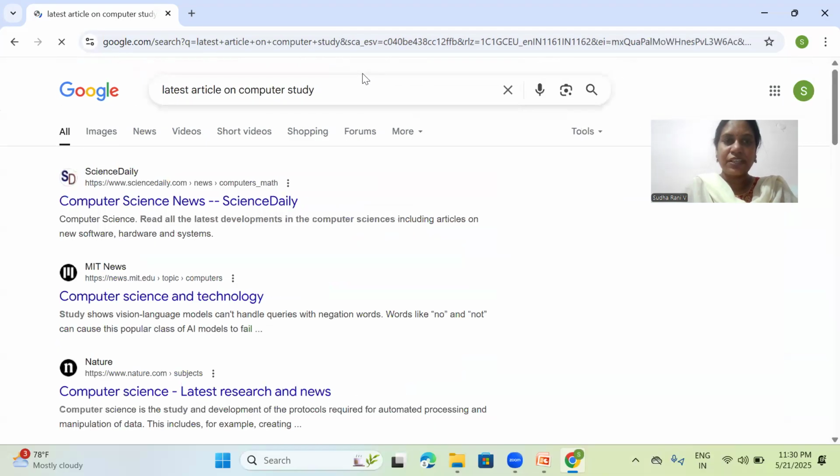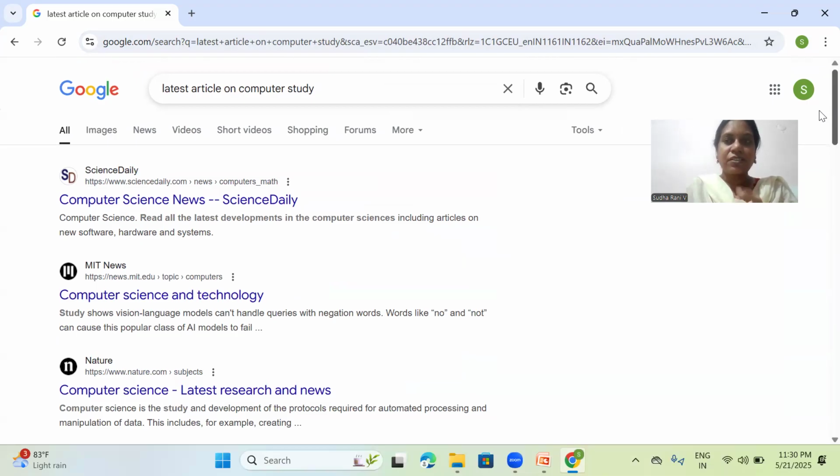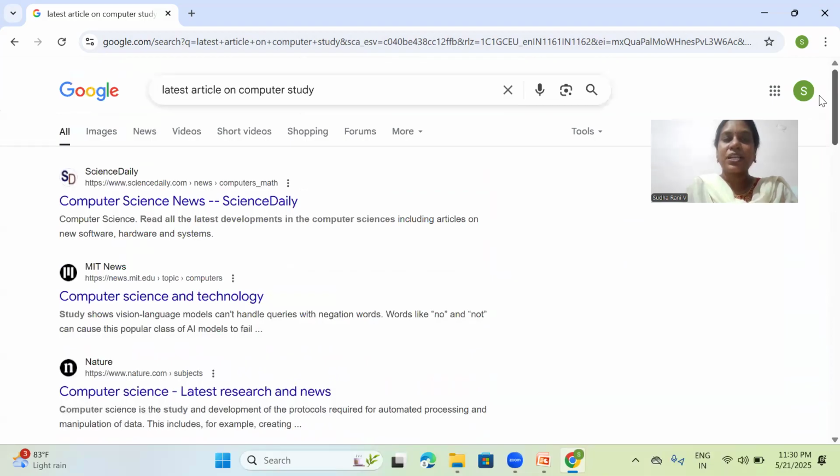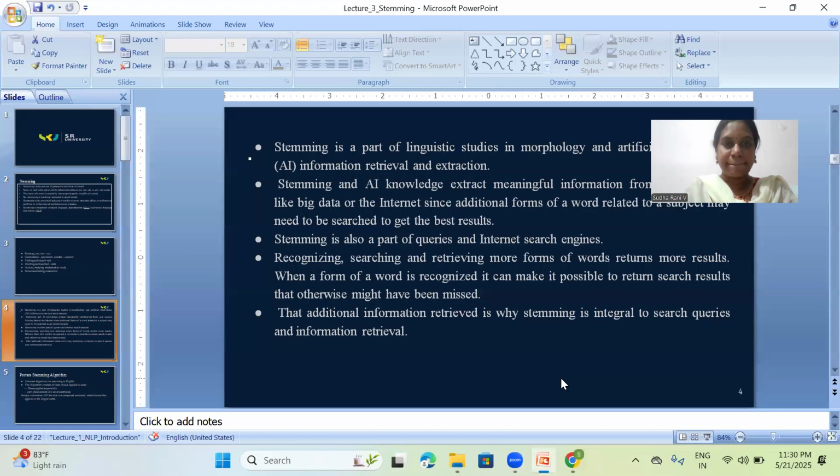So see, if I give the root word, meaning the exact word which you want to search for, there is a much higher probability of getting the search result. That additional information retrieved is why stemming is integral to such queries and information retrieval.